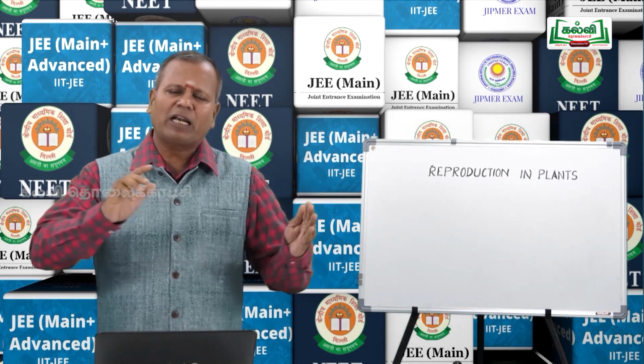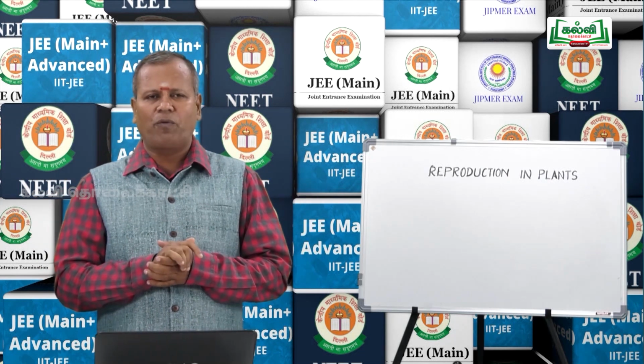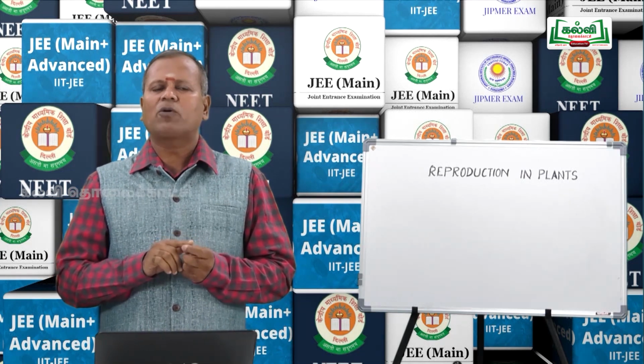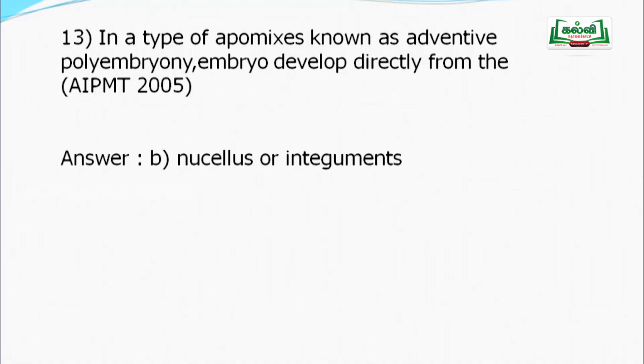Integuments, the outer covering of the nucellus or the ovule. So, the correct answer for question number 13 is option B, the nucellus or integuments, which are diploid in nature; without fertilization, without the fusion of gametes, they straight away develop into embryo. This kind of embryo development is said to be adventive polyembryony.